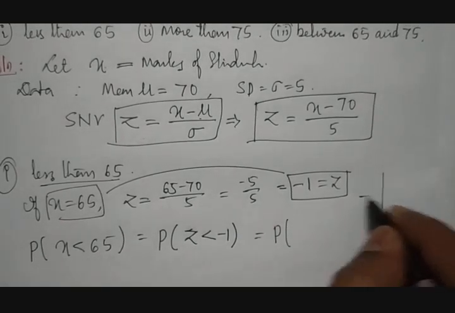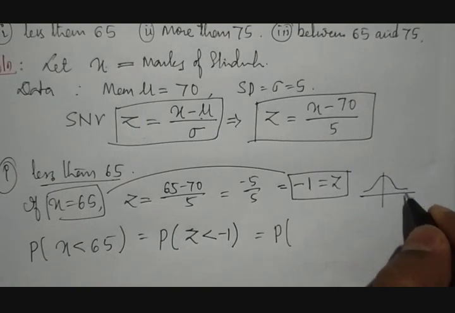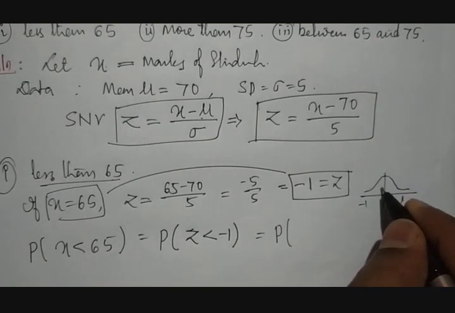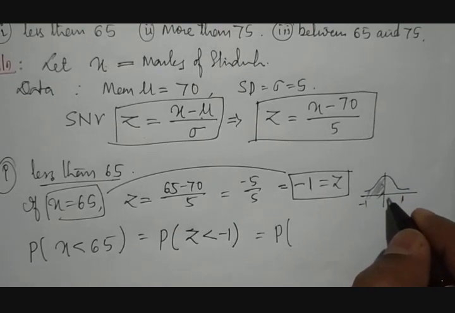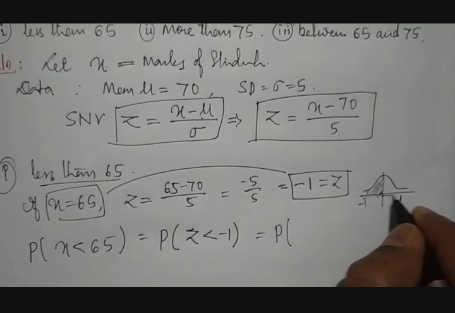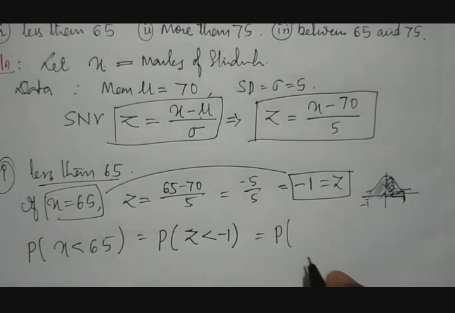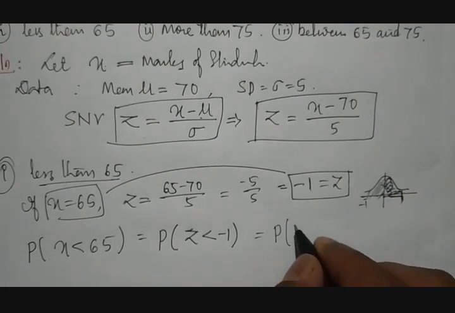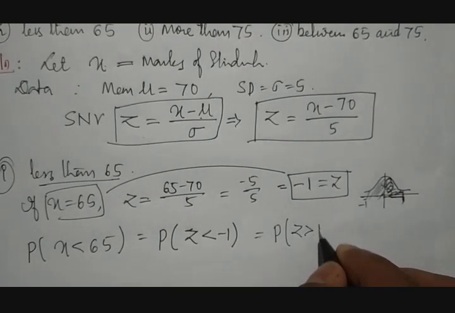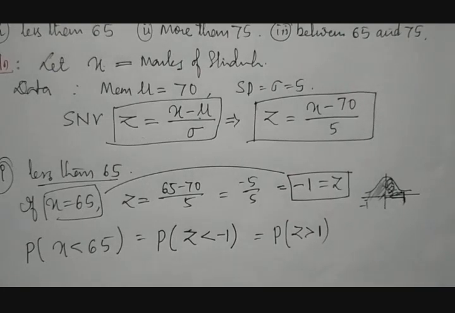This is 1 and this is minus 1. Actually, we need the area from up till minus 1, but it is not possible. Because of that, the same distance will be taken to the positive side and it will be calculated. Therefore, probability of z less than minus 1 is nothing but probability of z greater than plus 1. That we need to calculate.